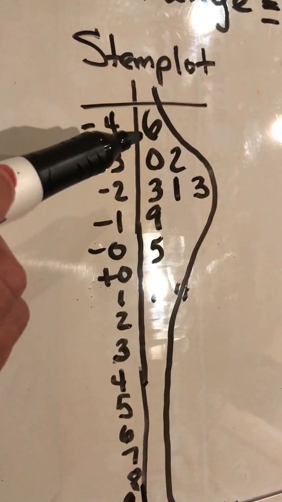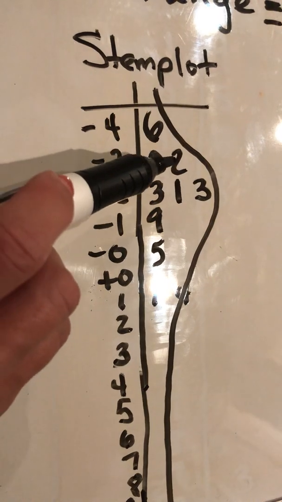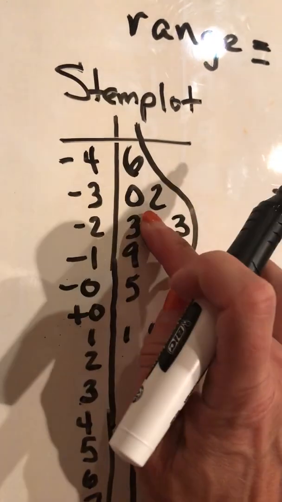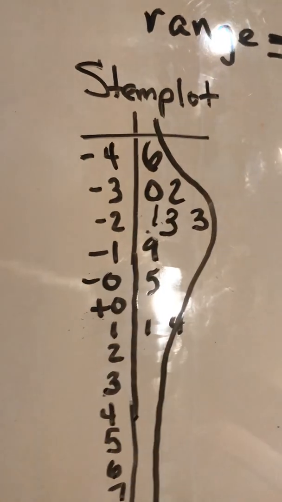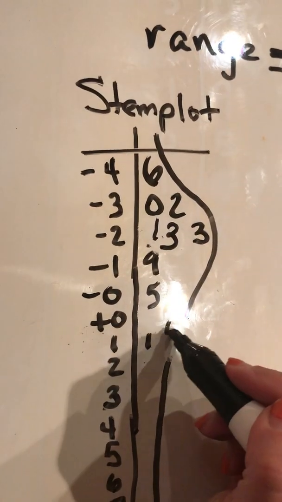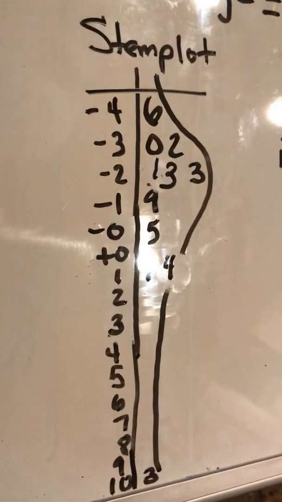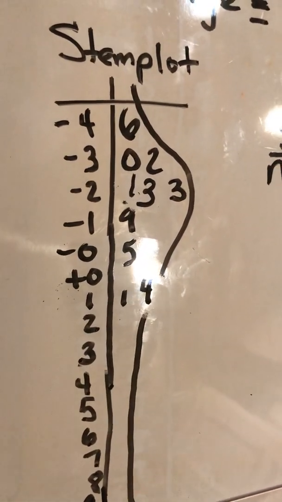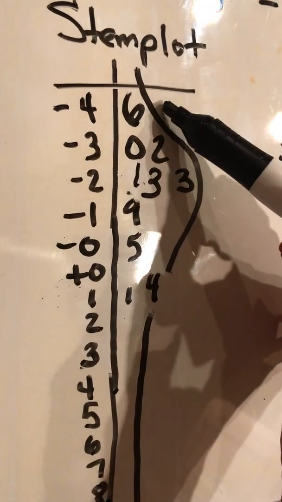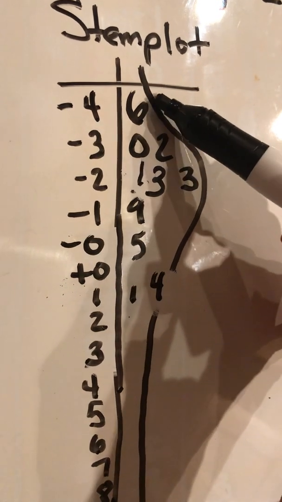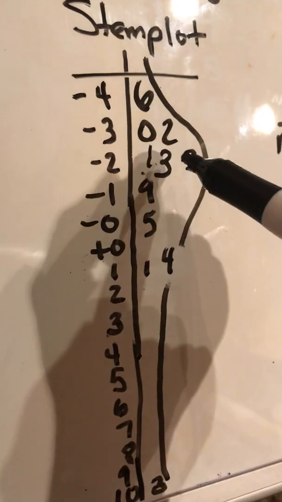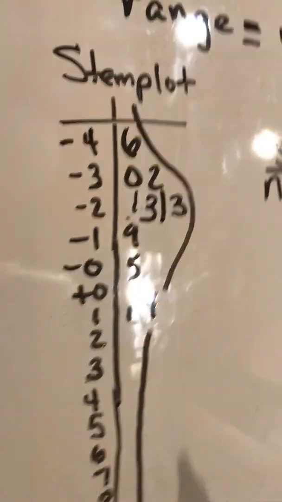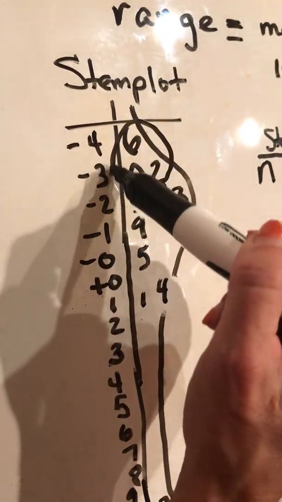because I have 11. So I'd have 1, 2, 3. Oh, let's fix this. It should be in order. The leaves need to be in order. Is that the only place? I believe so. All right, the leaves are in order on my stem plot. At the halfway mark would be the median, so 50% below. 1, 2, 3, 4, 5. So that's 50% are below here. So this is the bottom 50%.